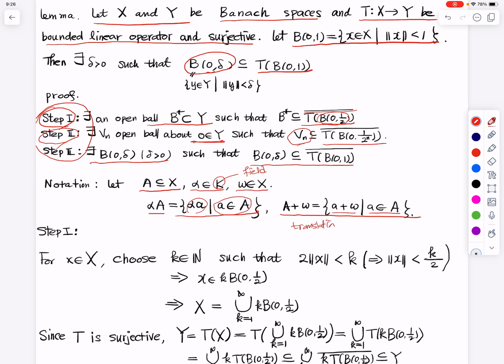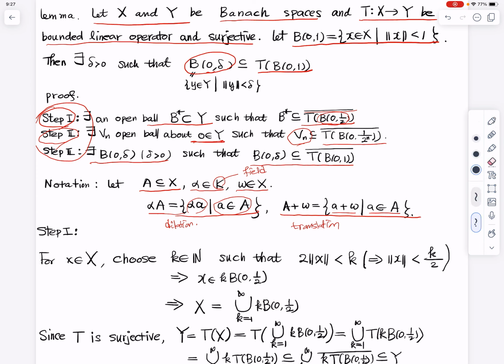And the scalar multiplication is more like a dilation; if the modulus of alpha is less than 1, this is called dilation or stretching.